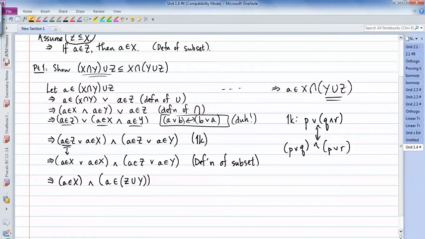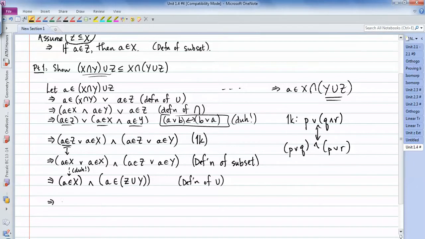The real one that you're using here, so this part right here, I'm going to write "duh" again, because I don't want to bother with coming up with reasons why the obvious is true. But over on the other side, we're using the definition of union. Okay, so now I've got an and in between A being in the first set and A being in the second set.